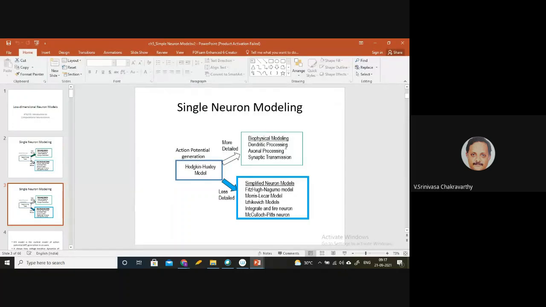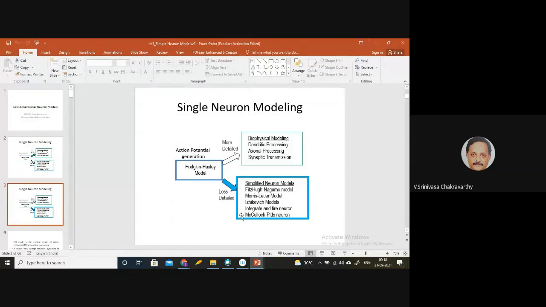So for the simplification, we will go from the Hodgkin-Huxley model, the 4-variable model, to other neuron models, which are typically 2-variable models, because there is a very rich class of neuron models of interest in dynamics which can be cast in terms of 2 variables. And one of the key properties of such 2-variable systems is limit cycles, right?